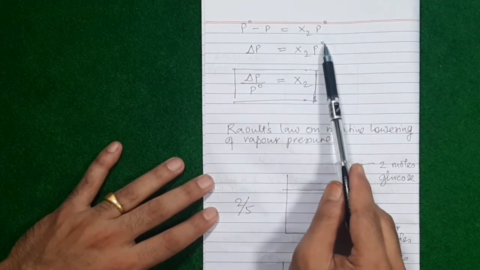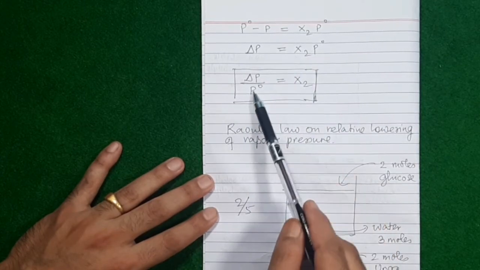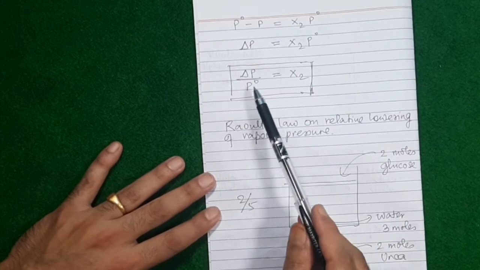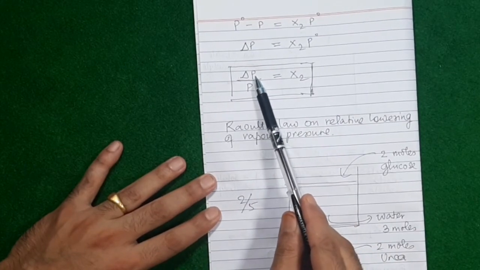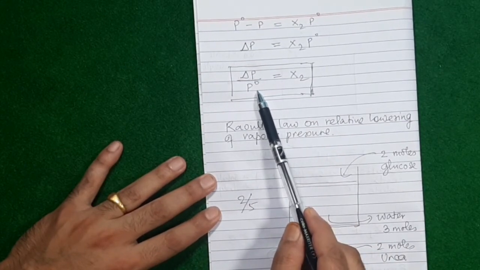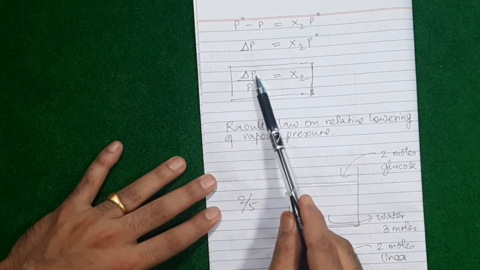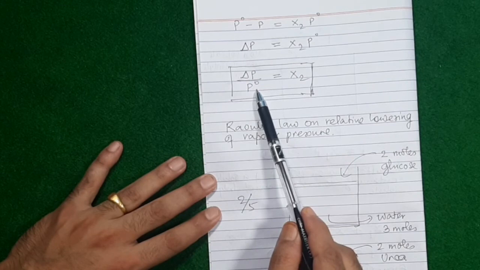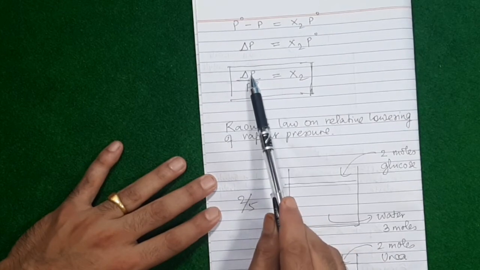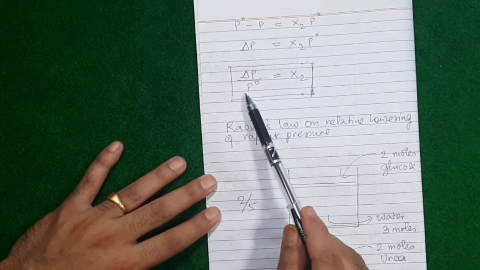Then I bring this P degree from the other side, it divides here. So this is lowering of vapor pressure compared to the original vapor pressure of the pure liquid. The amount by which the vapor pressure has gone down divided by the original vapor pressure of the pure liquid is known as relative lowering of vapor pressure. Now why relative? Because it's lowering of vapor pressure compared with the vapor pressure of the pure liquid.